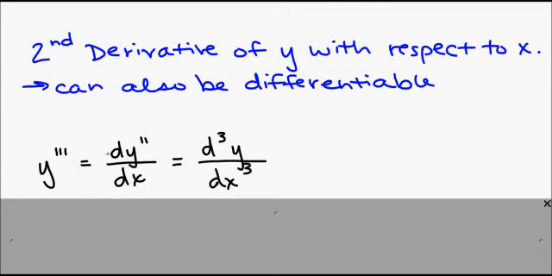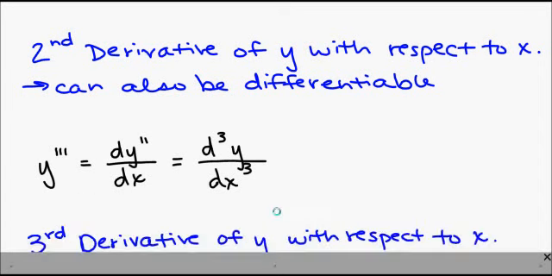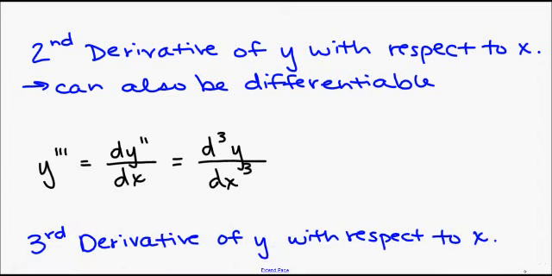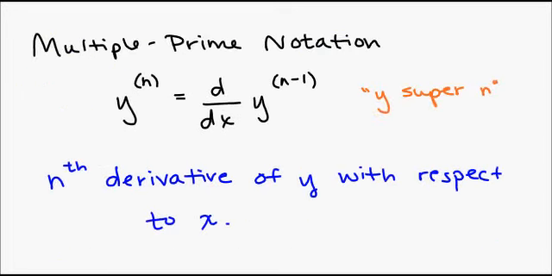So 3 tick marks, third derivative. Let's see that here. The third derivative of y with respect to x. I don't have anything else written there, but you could theoretically keep going forever and ever and ever. We're not going to see much past the third derivative, though, in this class at least.